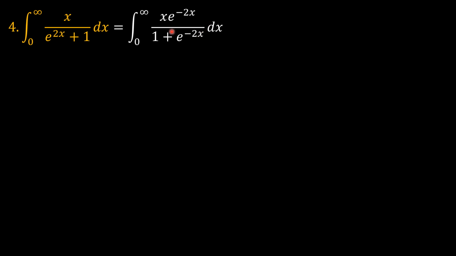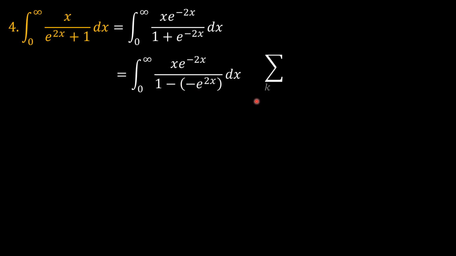And 1 over 1 plus e to the power negative 2x is an interesting sum, because e to the power negative 2x is less than 1 for the entire interval between 0 and pi. So I could just bring in a geometric progression into the equation, but before that I have to introduce a negative here.